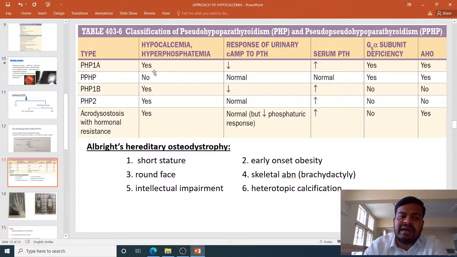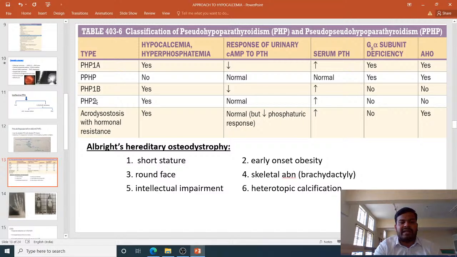In pseudohypoparathyroidism 1C, there is no hypocalcemia change, but a normal response to urinary cyclic AMP. And in pseudohypoparathyroidism 1B, there is hypocalcemia with hyperphosphatemia, reduced urinary cyclic AMP response to parathyroid hormone, and increased serum parathyroid hormone.